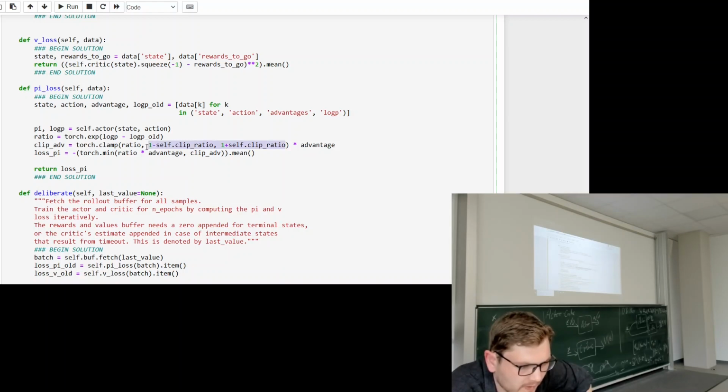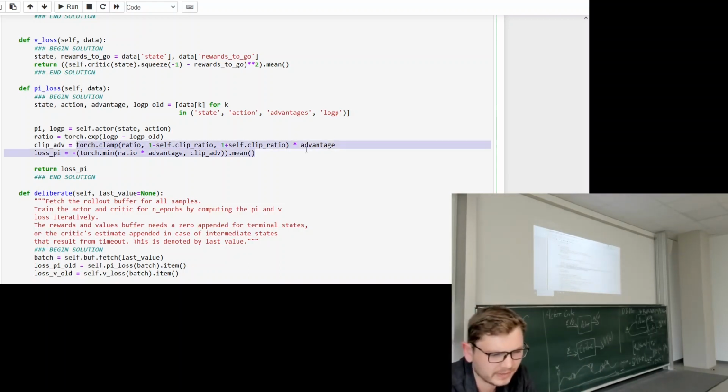Yeah, here we have the actual important thing about the PPO. So here we see this clamping function. It's a little bit cumbersome. NumPy calls it clipping, PyTorch calls it clamping. It's the same operation in the end.